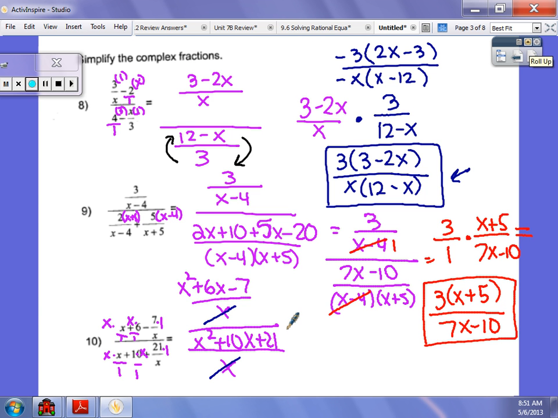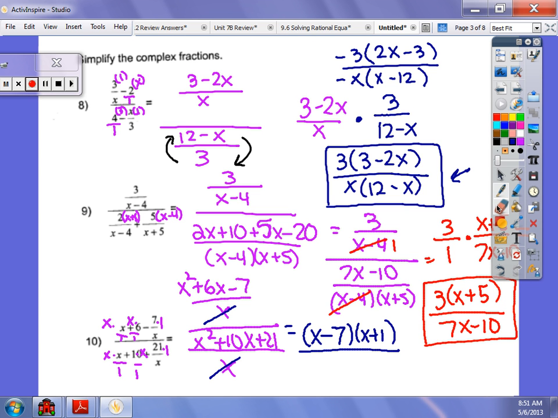So now we are going to factor. Numbers that add up to 6 but multiply to 7 is x minus 7 and x plus 1. And numbers that add up to 10 and multiply to 21 will be, oops, I made a little boo-boo.